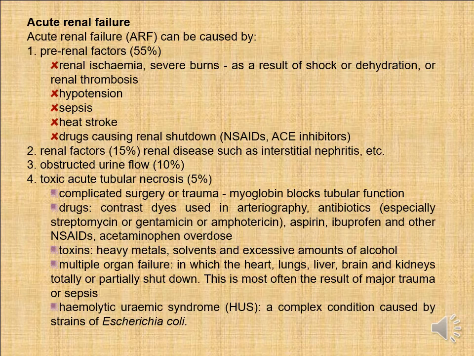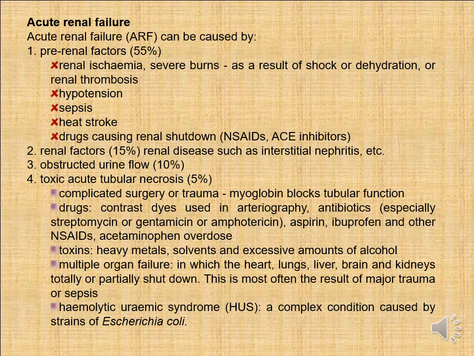This is due to renal ischemia, severe burns as a result of shock or dehydration, or renal thrombosis, hypotension, sepsis, heat stroke, and drugs causing renal shutdown, like non-steroidal anti-inflammatory drugs and others.